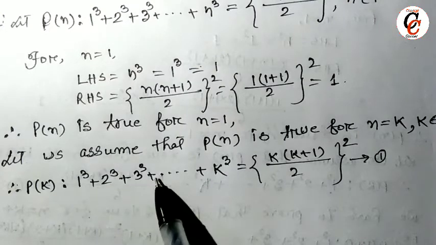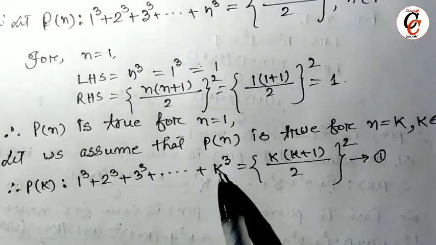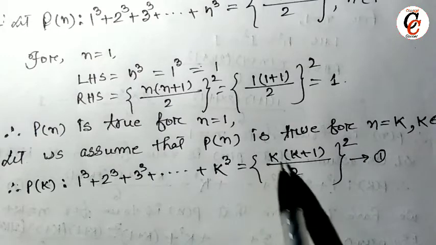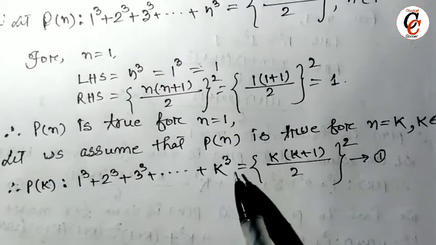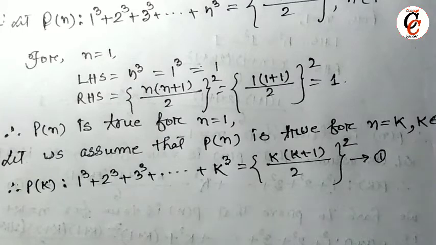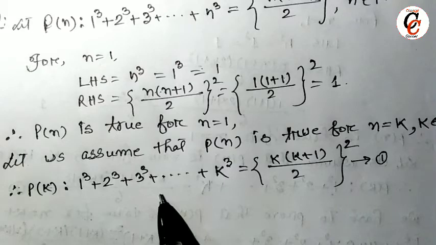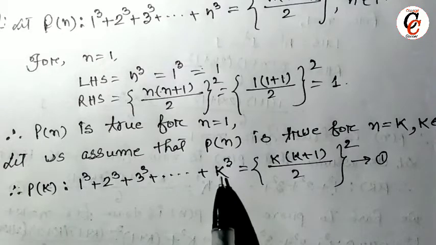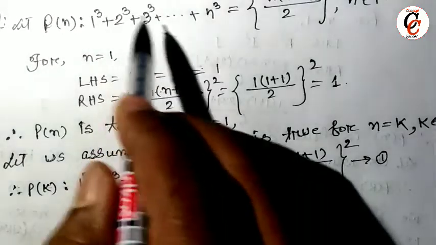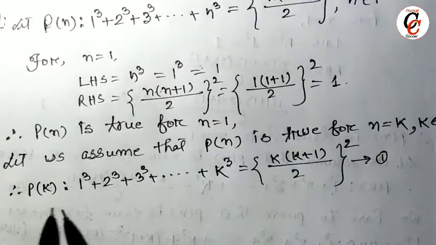After assuming the statement true for n equal to k, our next and final step is to prove the statement is true for the next term of k, that is k plus 1. So we have to prove the final statement, that the statement is true for n equal to k plus 1.